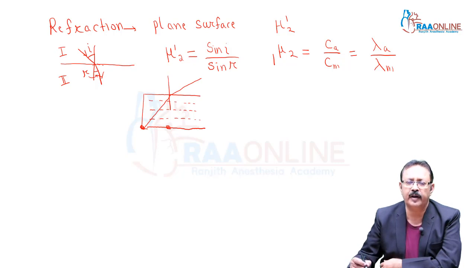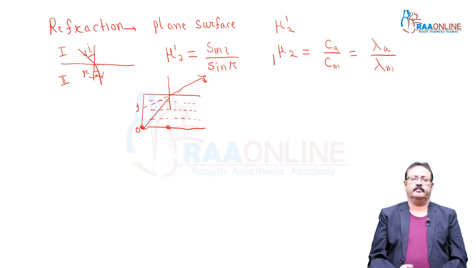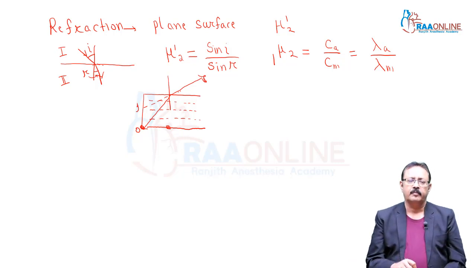It means for your eye, rays are coming from this point. So you will find the image of this point at that point. Means for you, O is at this point.